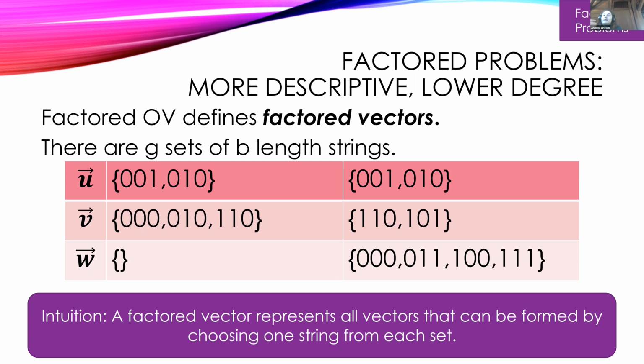And intuitively, each factored vector is representing all of the vectors that can be formed by choosing 1 string from each set. And finally, if we need to represent something that originally had some dimension, then we need g times b to be larger than or equal to that dimension.